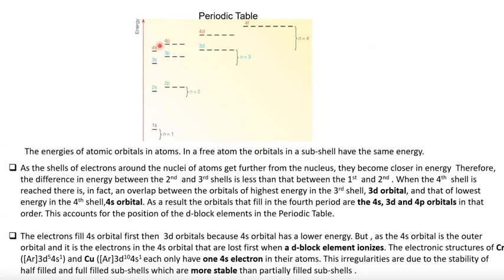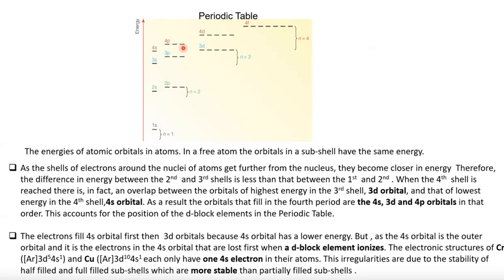And in 4s, we can see that there is almost overlapping between 3d orbital and 4p orbitals. So as a result, 4s, 3d, and p orbitals. When we fill this, it accounts for d block elements, and it is also called transition elements, as I said.